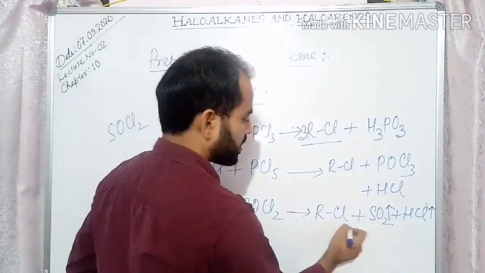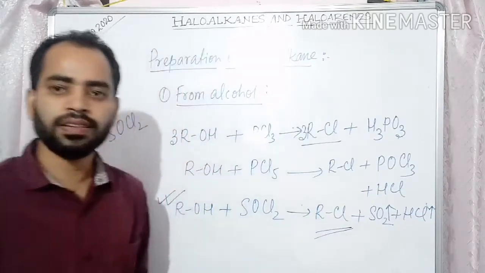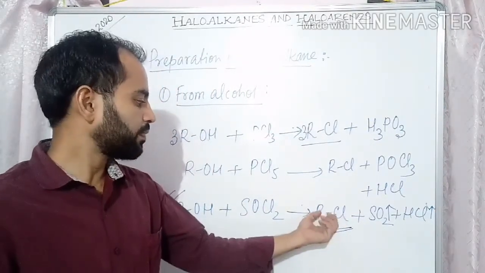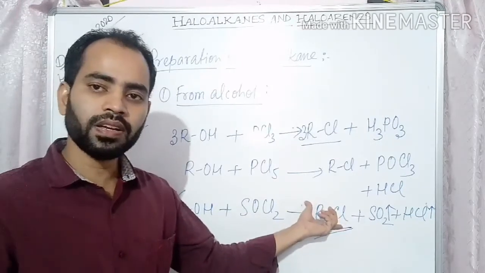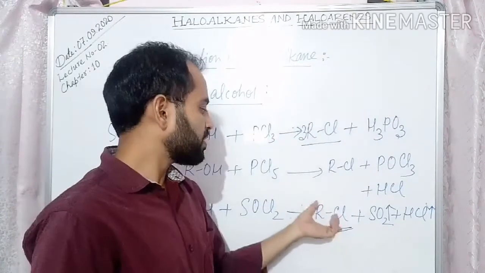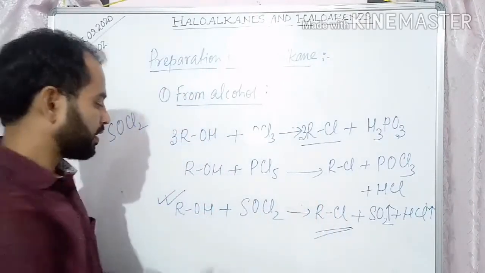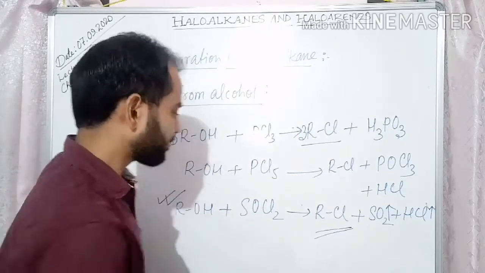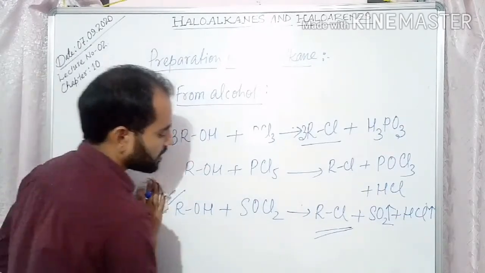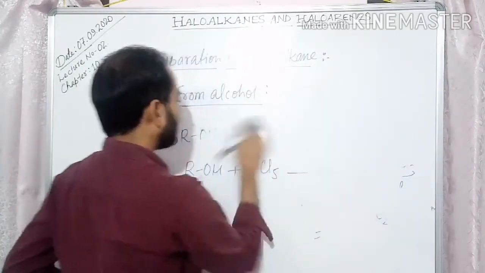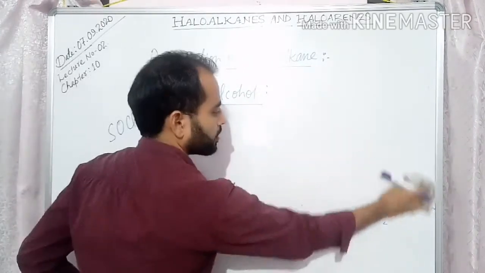So remaining RCl we can easily take out. Easily we can take out this RCl from the container and these two escape. So this method is preferred, that is reaction of alcohol with thionyl chloride. Okay. These are some of the methods by which we can prepare the alkyl halides.